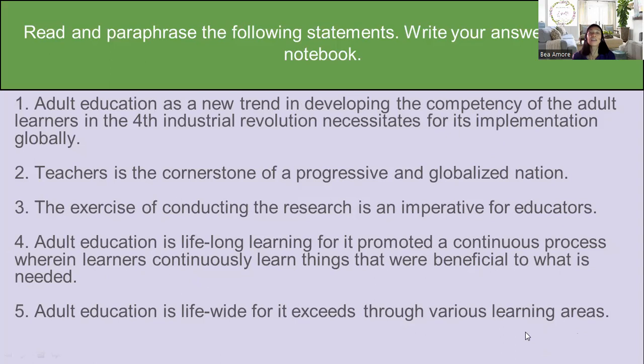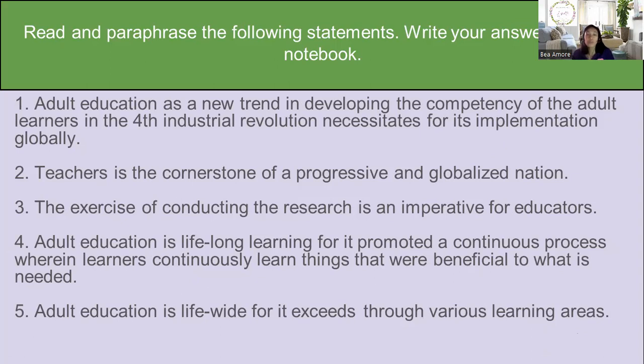Okay, let us read and paraphrase the following statements. Write your answer in your notebook. Number 1: adult education as a new trend in developing the competency of adult learners in the fourth industrial revolution necessitates its implementation globally.